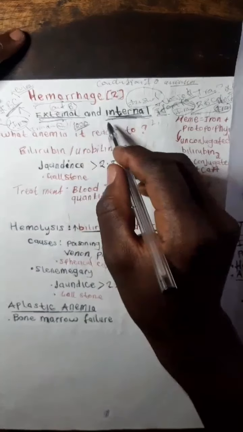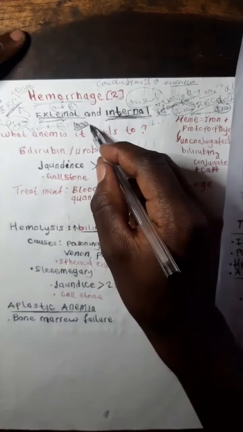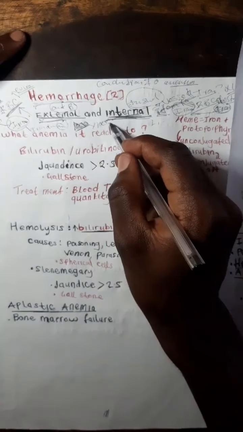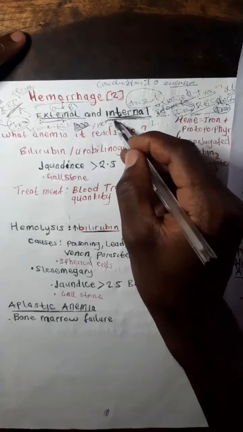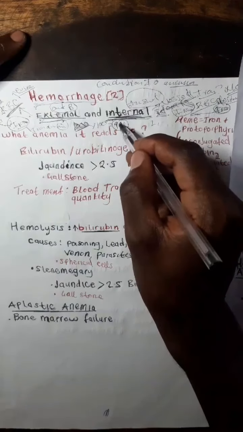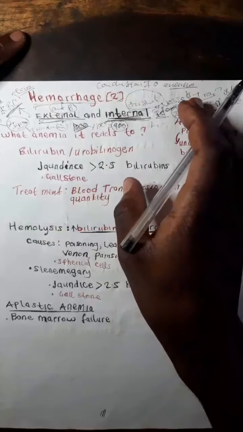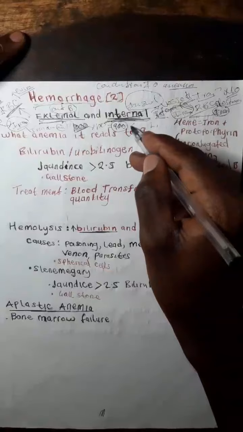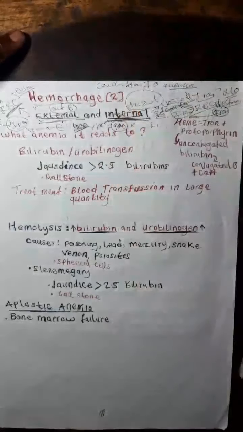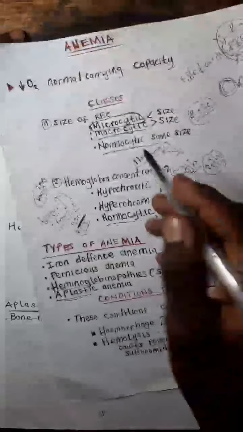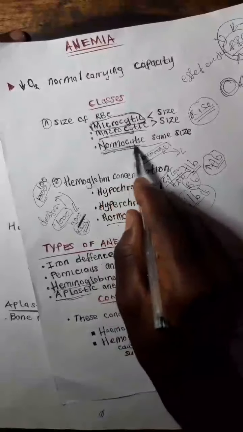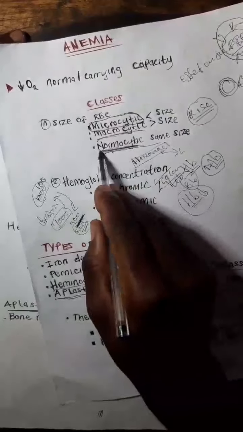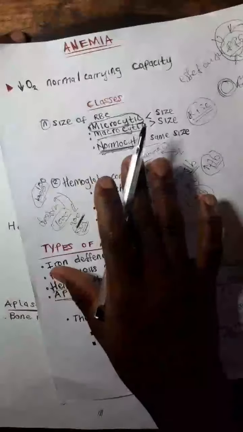Let's say in the body we have 1,000, and then we lose 100. The remaining is 900. Are these remaining ones affected in any way, or is their size being affected? No, only the numbers. So this can be classified as a normocytic anemia because the size hasn't changed.